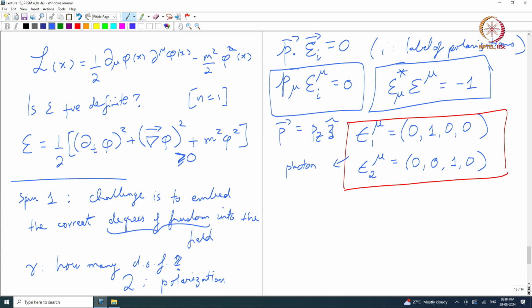And this is how I need to somehow embed into my quantum field theory, right. But to make things more interesting, but also to make the flow of logic easier, let us actually consider not a photon, but a massive spin-1 field or particle.